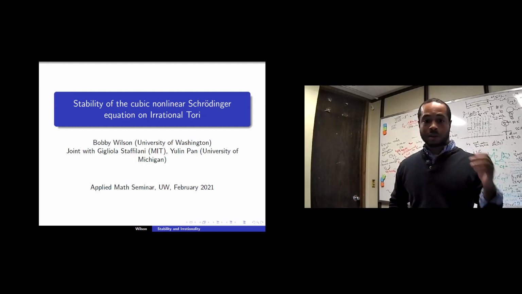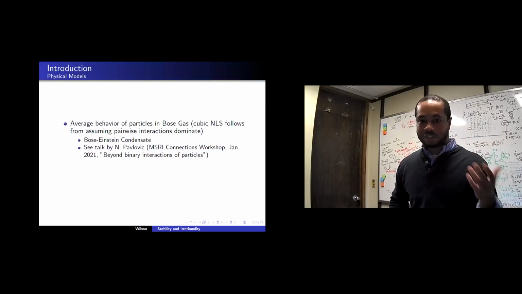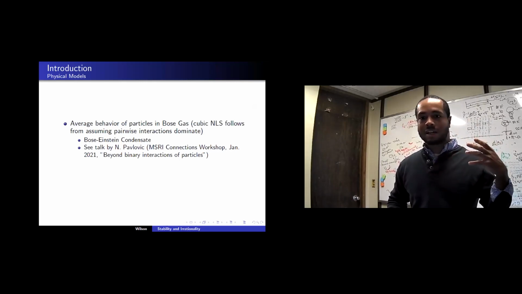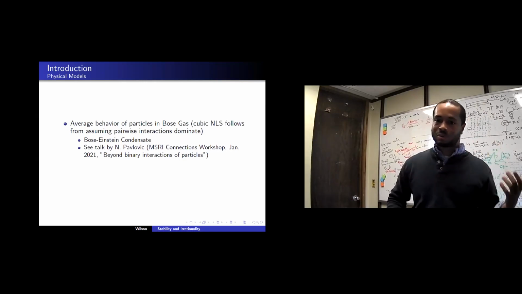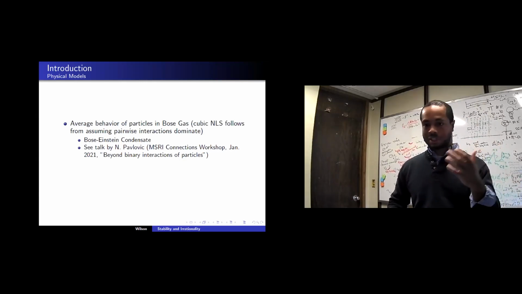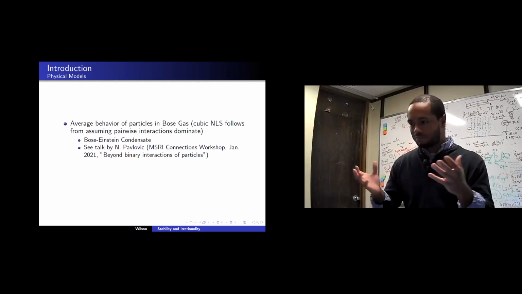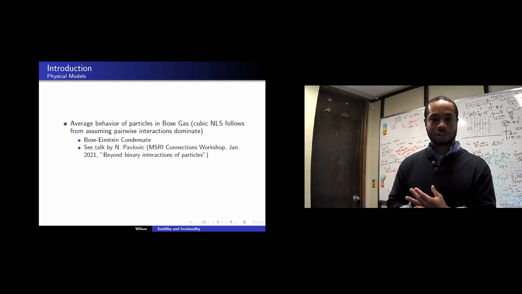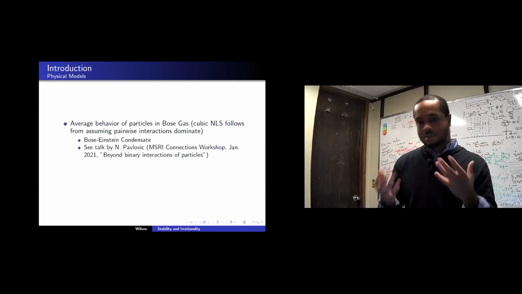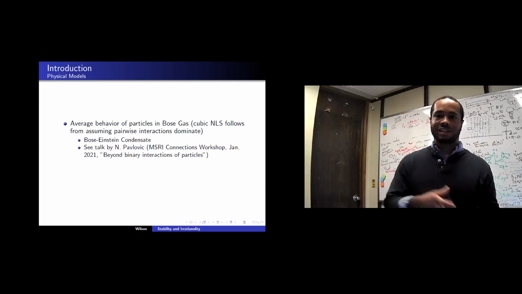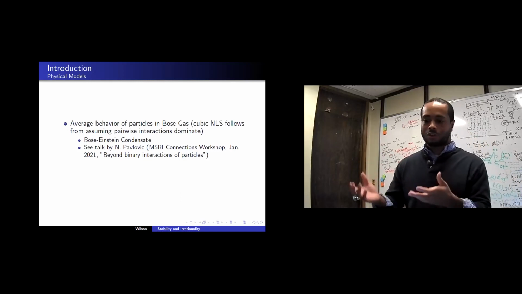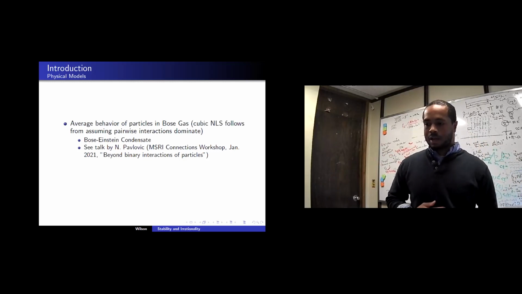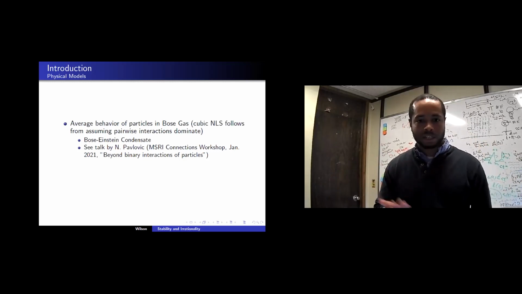So let's begin. First of all, I think I have to do this since this is an applied math talk: I have to at least mention the physical models associated with the cubic nonlinear Schrodinger equation, which we'll talk about today. When I first started studying dynamics of dispersive equations, I knew nothing really of the physical model or the physics that it was trying to describe, and so I've learned essentially by osmosis over the years.